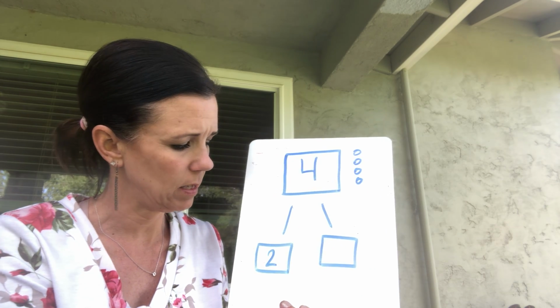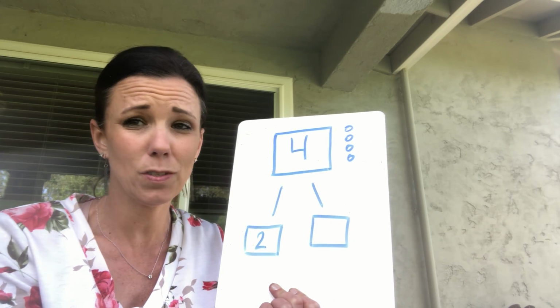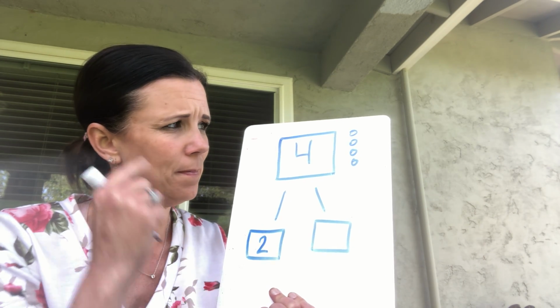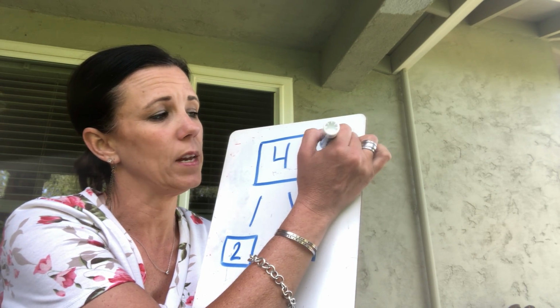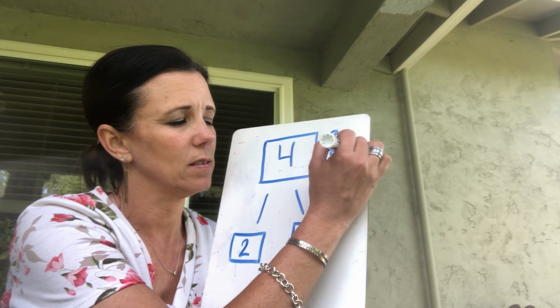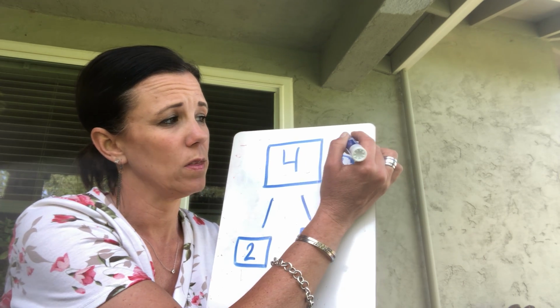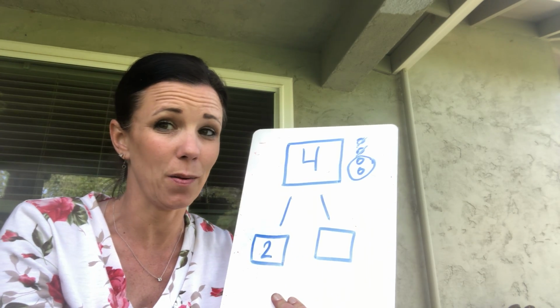So I'm going to do that on the side. Then I look and see that my part is 2. So, how can I figure that out? I'm going to cross out the part that I do know, and circle the rest. So I do know that I have 2 already. I'm going to circle the rest, and that's going to be my other part.